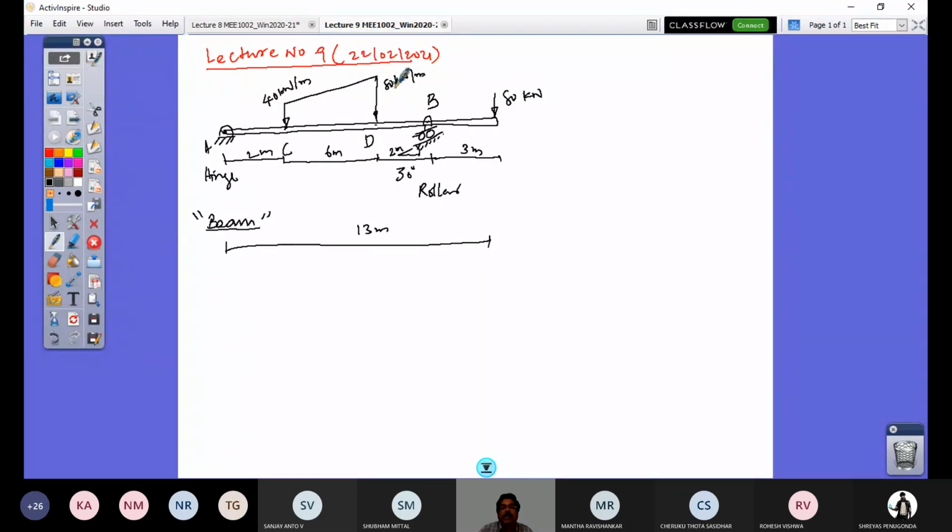So it is a linear variation. It can also vary with any given function: quadratic variation, cubic variation, or any polynomial degree variation, depending upon the application.